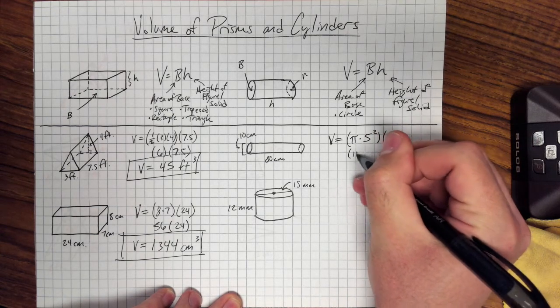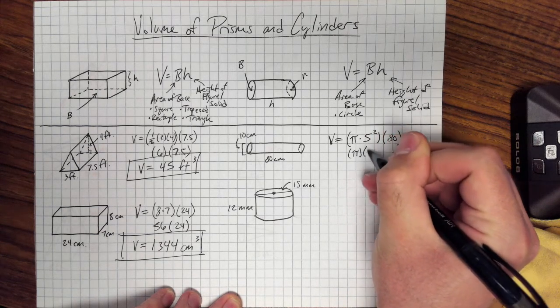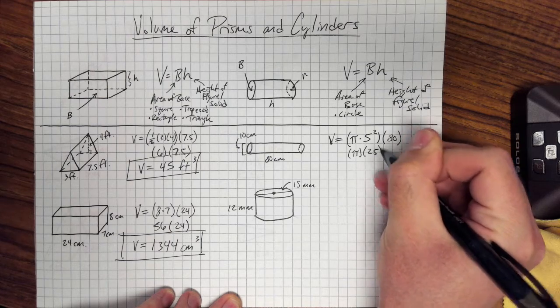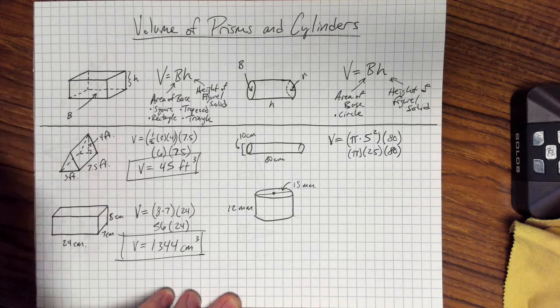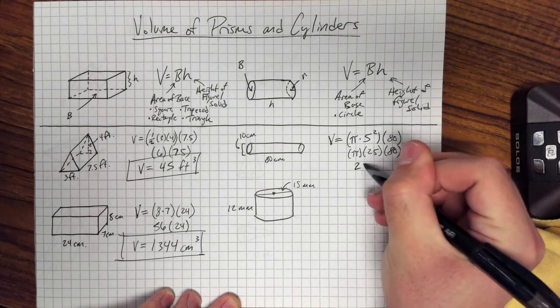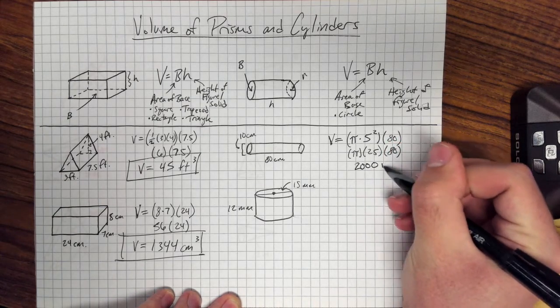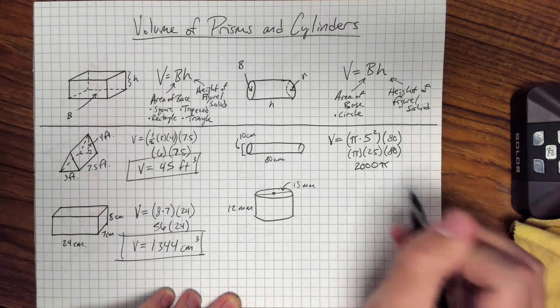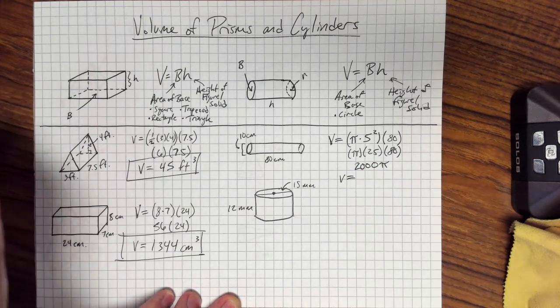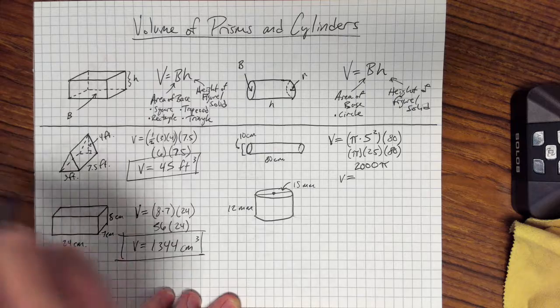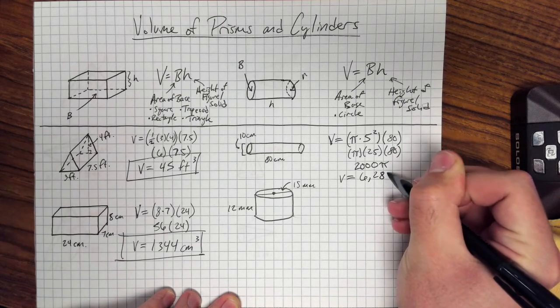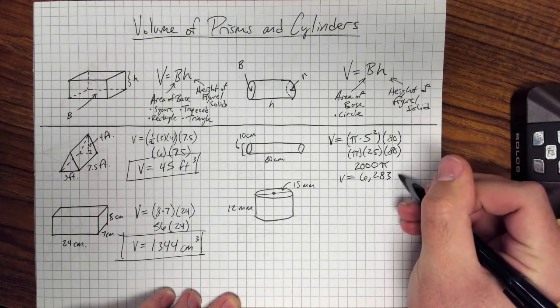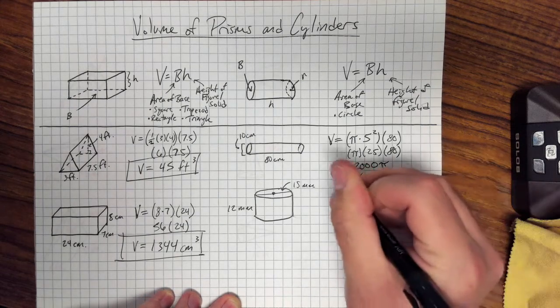So pi stays out front. 5 squared is 25. And now let's do 25 times 80. Comes out to 2,000. And then now we can do 2,000 times pi. So the volume of this first one, rounded to the nearest unit, should come out to 6,283 cubic centimeters.